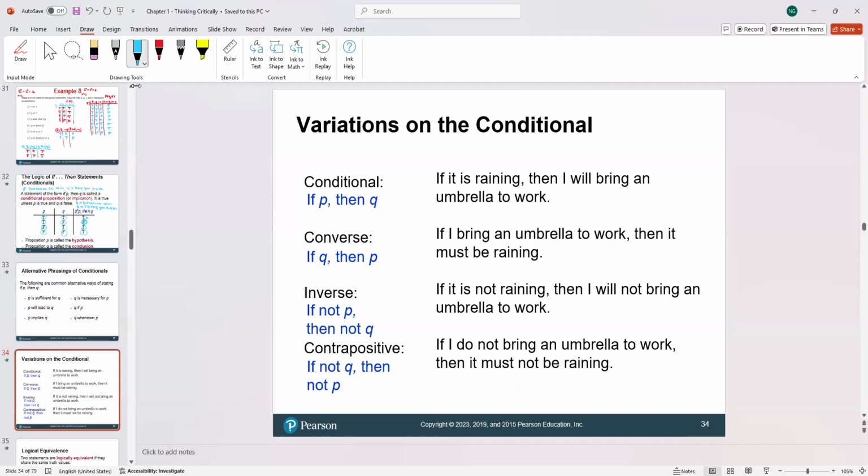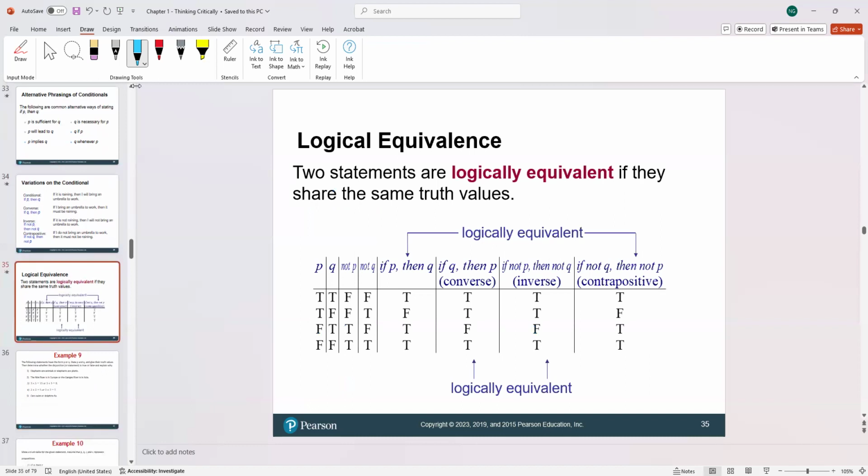At some point we have all of this to review: conditional, converse, inverse, contrapositive. I would definitely go over and show you in a table. I really would like you to look at this logical equivalence, because we said two statements are logically equivalent if they share the same truth values.